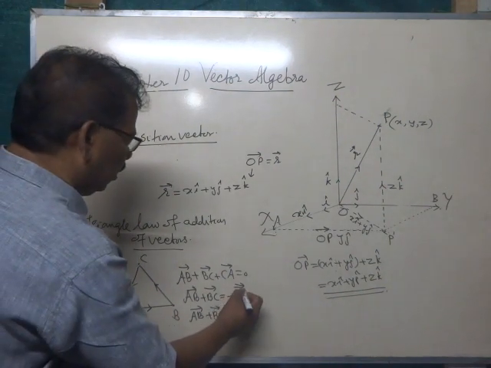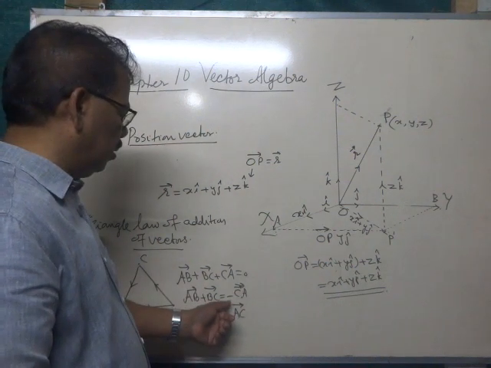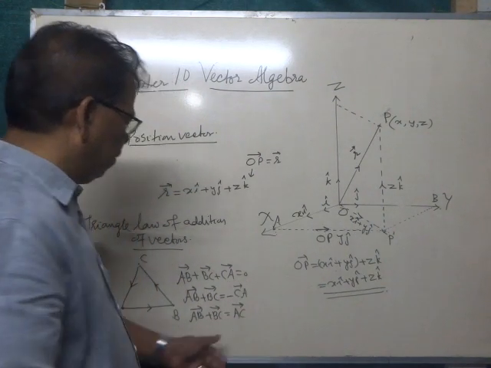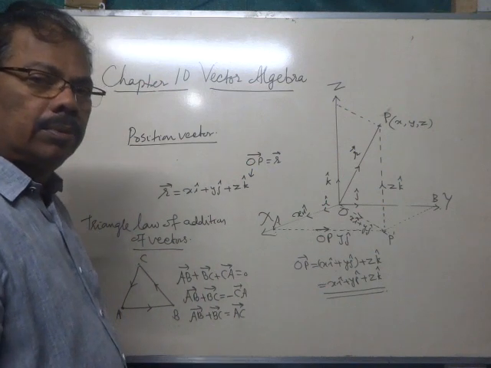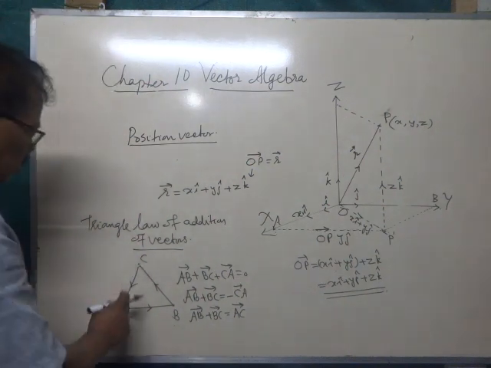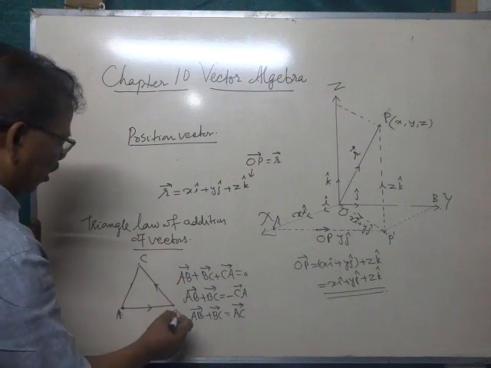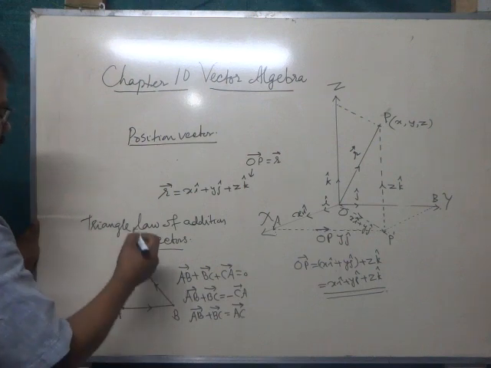Vector CA with the negative sign will be equal to vector AC. Therefore, we can conclude the sum of vector AB and vector BC will be equal to vector AC.